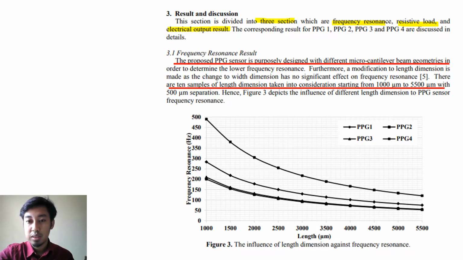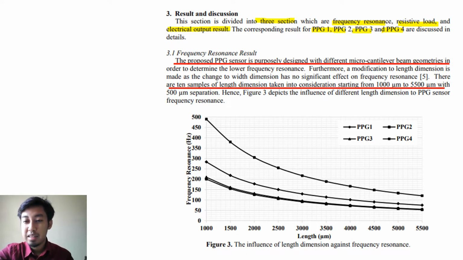And for this one, the corresponding results for PPG1, PPG2, PPG3, and PPG4 are discussed in detail. So in this research, the researcher has 4 types of cantilever beam, namely PPG1, PPG2, PPG3, and PPG4.